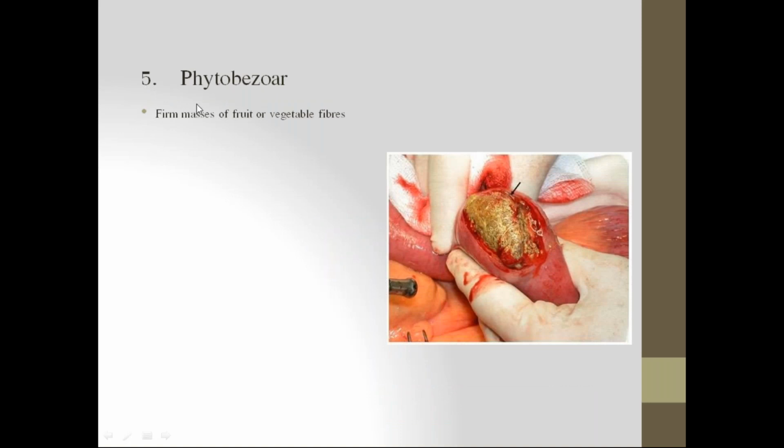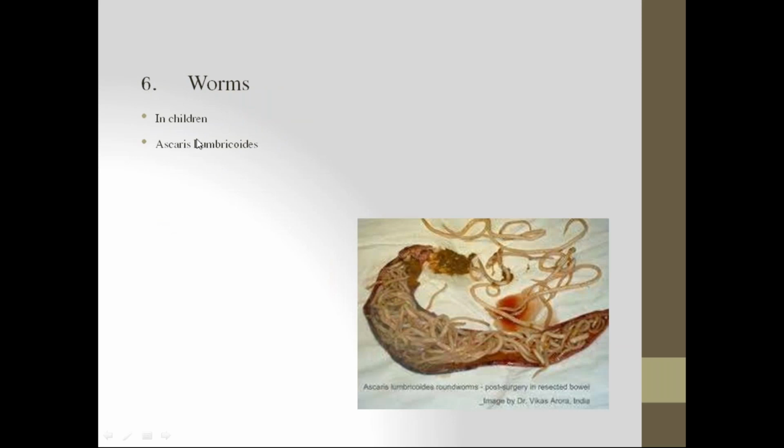Phytobezoars are formed of organic material like fruits or vegetable fibers. Some fruits, if we don't properly chew and grind them before ingesting, could lead to firm masses. These are known as phytobezoars. Worm infestation is most commonly seen in children, and most commonly implicated is Ascaris lumbricoides.